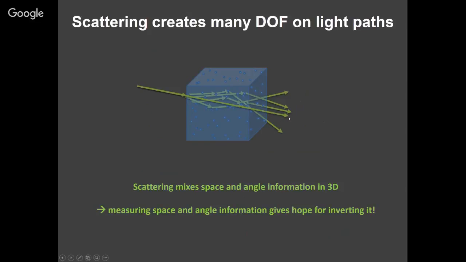And so the idea is that scattering is changing the angle of the light and over space, which is changing your positions. And so measuring space and angle information, like having light field or phase-based measurements, should give you some hope for trying to invert it better than just a 2D intensity image where you have no idea what angle the light came in at, right?